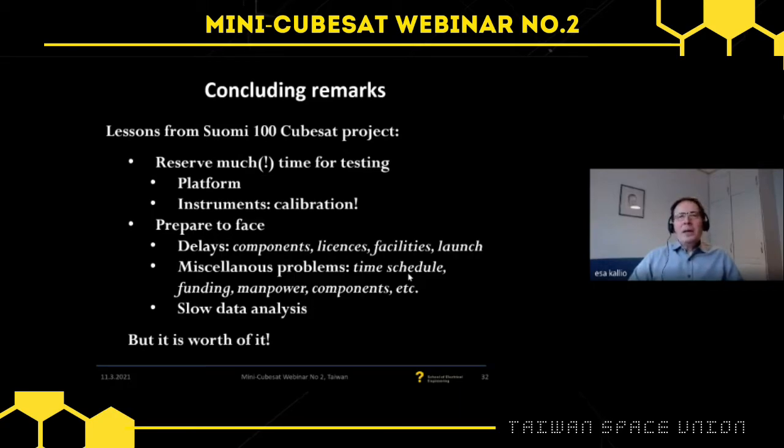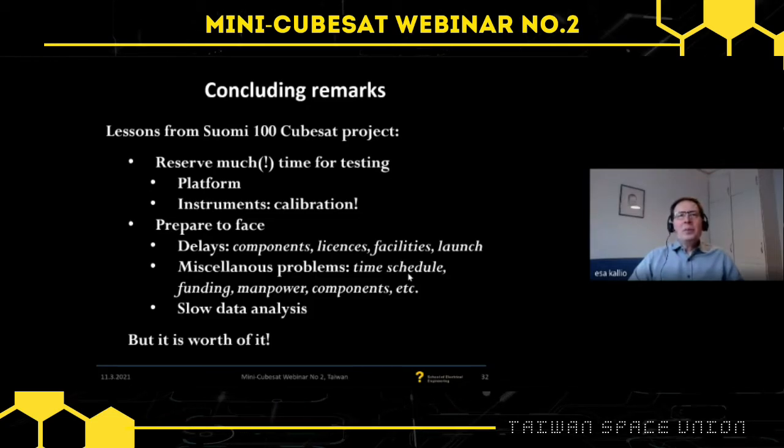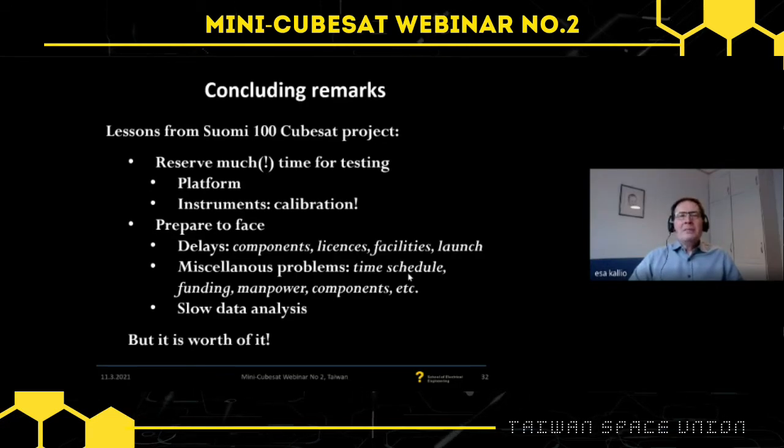And all kinds of typical problems, time schedule, funding problems, maybe manpower, and especially if you have students who are only part-time in the project. Of course, they have to make their thesis and accomplish their studies. So it also sometimes makes a lot of difficulties project-wise, as I mentioned, components and many other things.